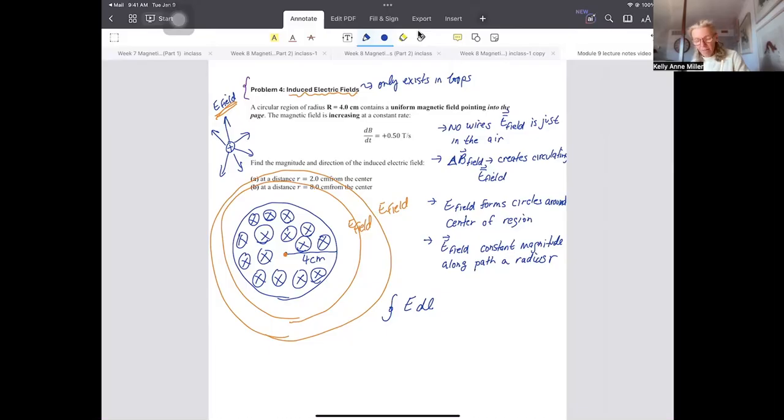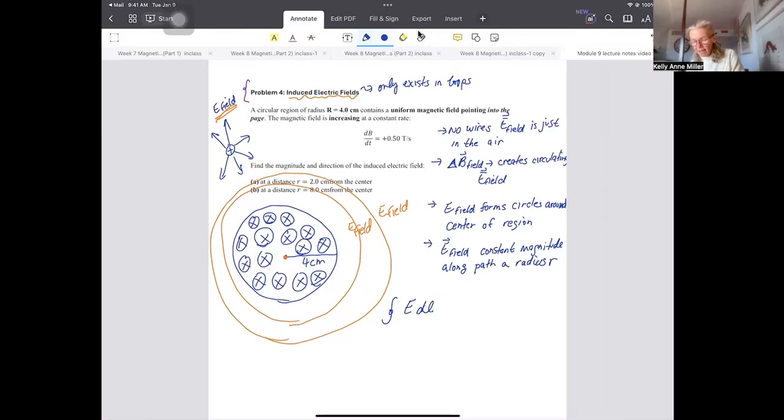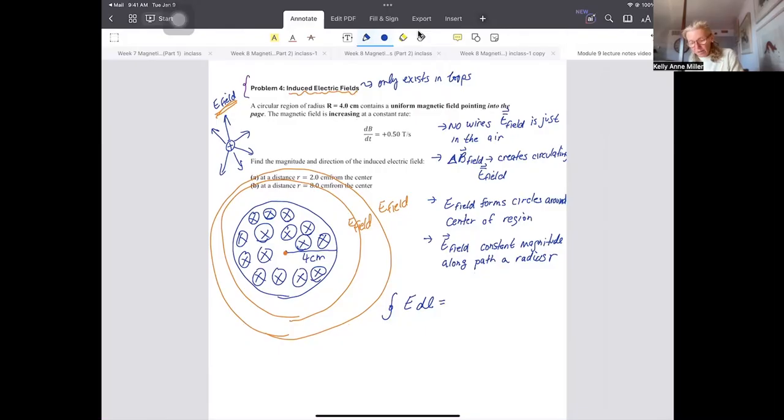Okay, so this is the same idea as before. This is a line integral around some path. So I'm going to strategically draw a path in this E field, and then we know that that equals the change in flux.